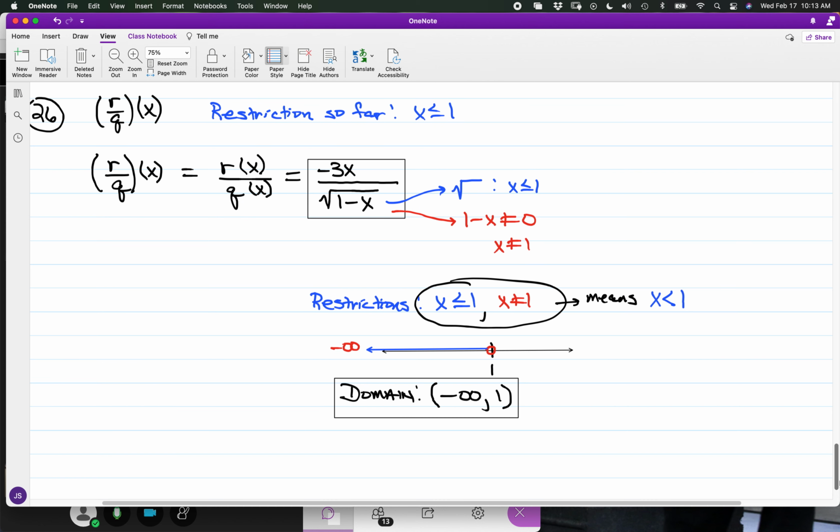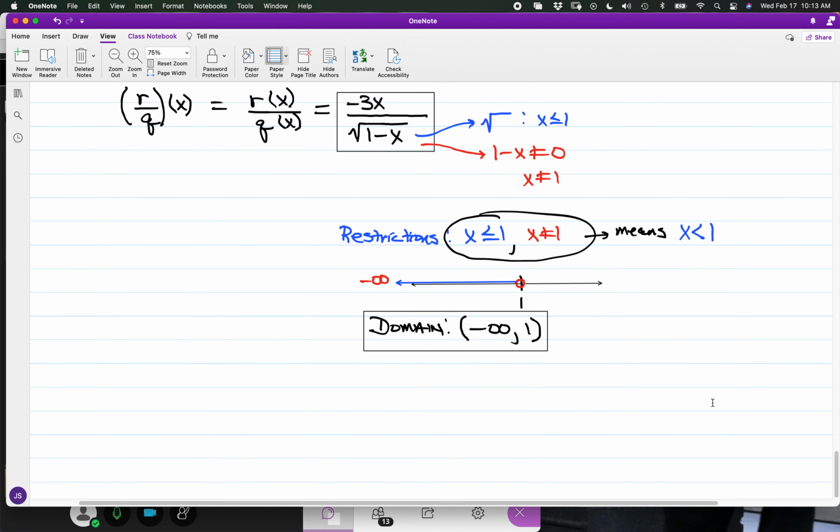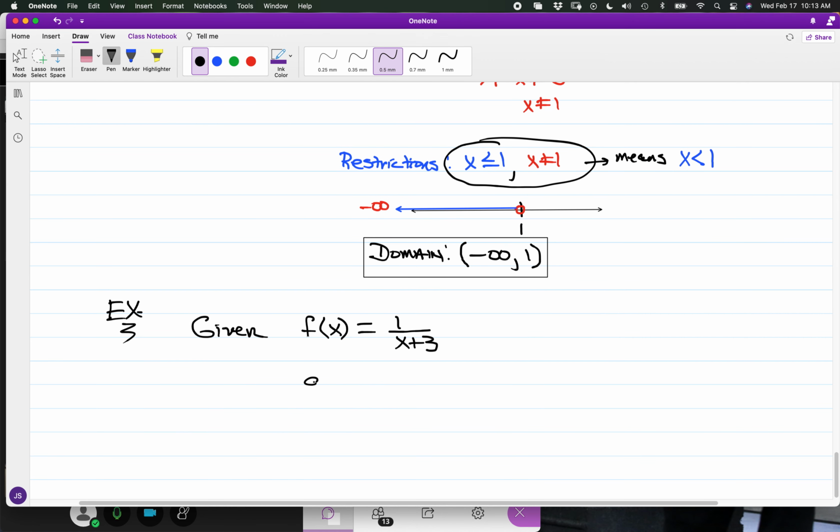And just to give you a little composite summary, say we have given f of x equal to 1 over x plus 3, and g of x equal to, let's say, the square root of x minus 4.